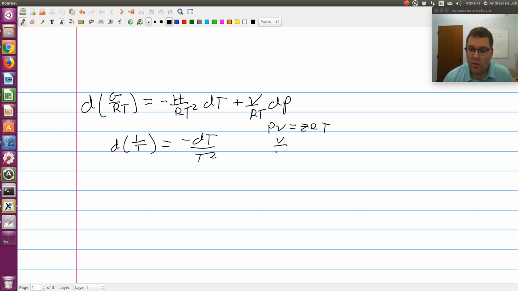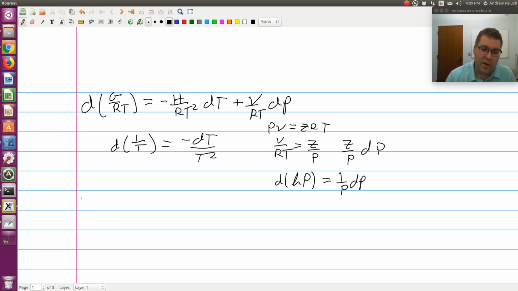So V over RT is equal to Z over P. If I take the second term to be Z over P dP, well, I know that the differential of log P is just equal to 1 over P dP. Cool. So now I can take this expression, and the 1 over P dP I can replace with the differential of log P.